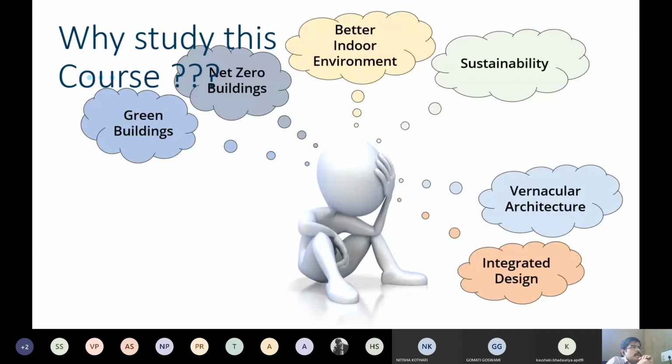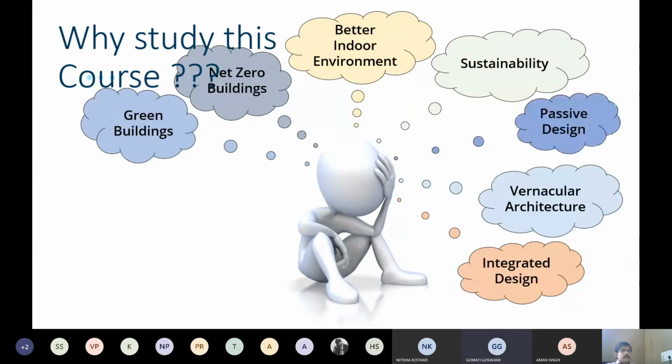When you talk about climatology, will you be looking into vernacular architecture? Yes, sir, using local materials and made by local people without a professional architect. How did older technology help to go with the climate?